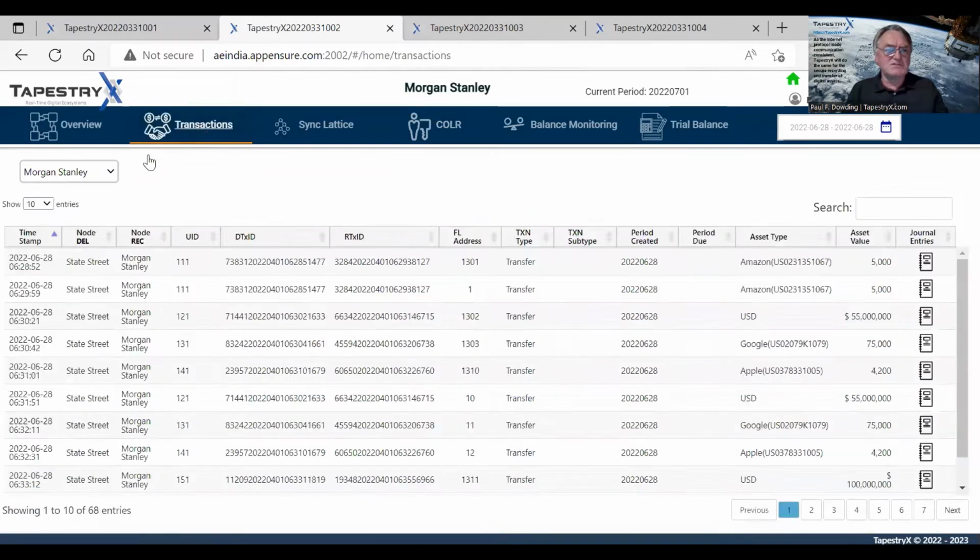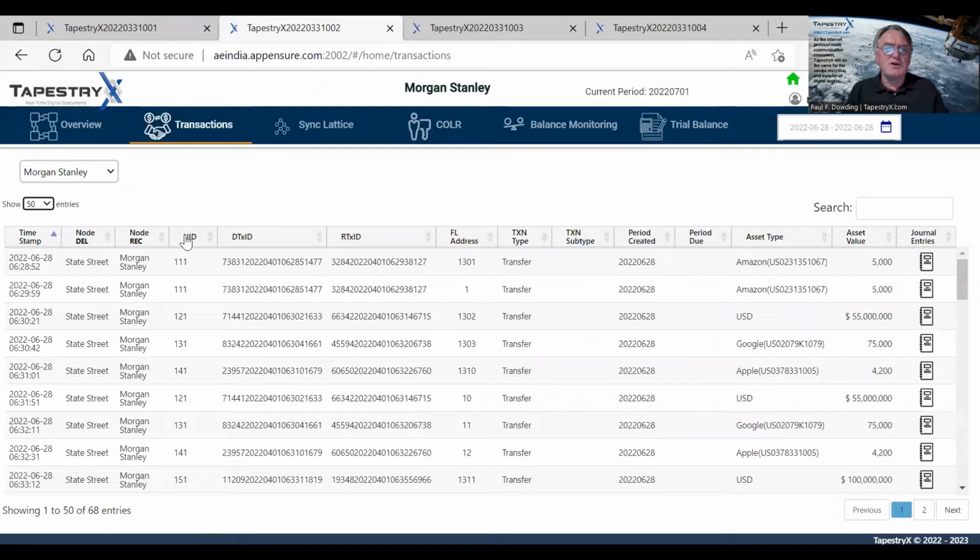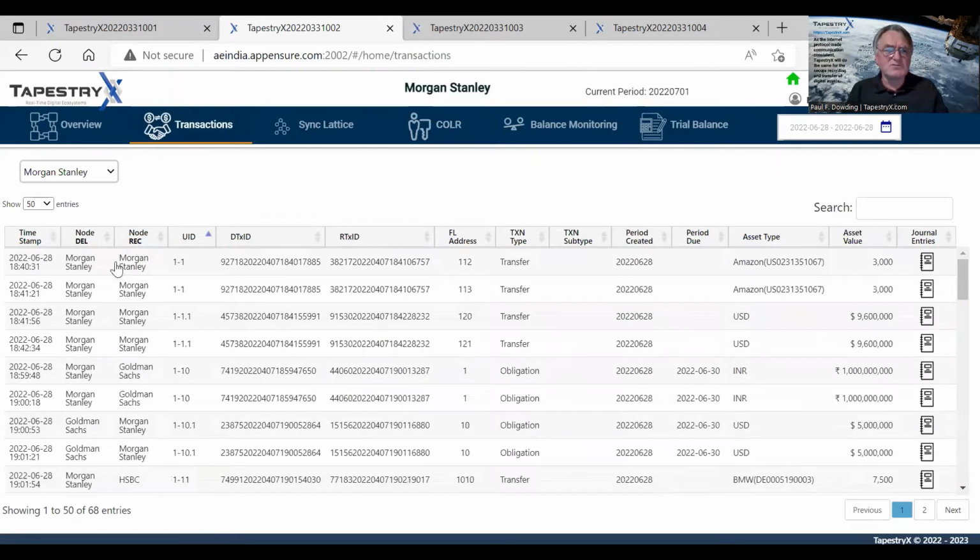Looking at the transactions, it's important to recognize that although the nodes are shown, the individual transacting parties are kept confidential. There's just anonymous asset lot IDs being transferred between nodes.